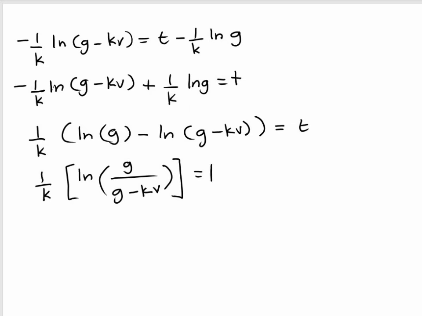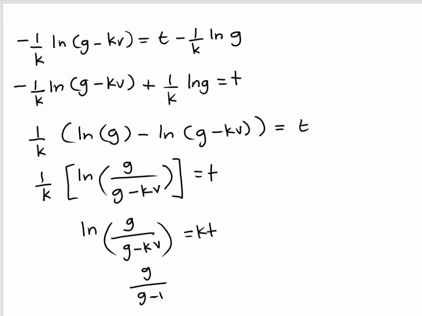So we can do cross multiplication. We have ln g over g minus kv equals kt, and convert from ln to exponent. We have g over g minus kv equals e to the power of kt.